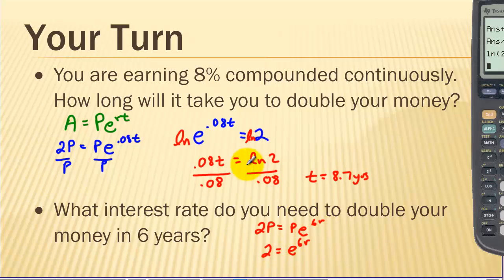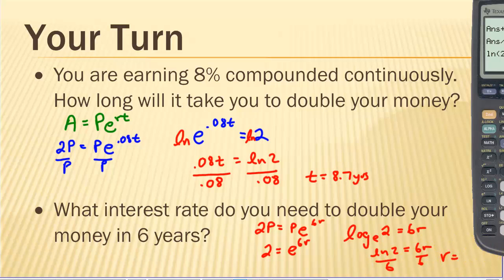Now remember, we could take the log of both sides, but if I show the other method, we're going to convert this to a logarithm function. So this would be log base e. And the 6r and the 2 change places, so we're taking log base e of 2 equals 6r. Now remember, log base e is the same as the ln, and we would be dividing by 6.